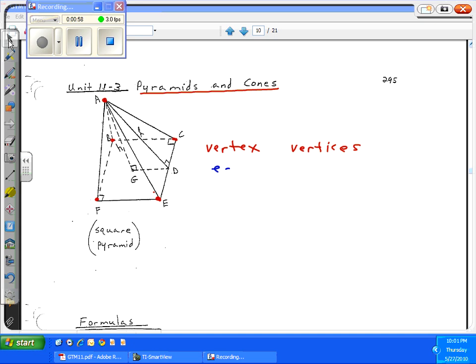A segment is called an edge. The edges at the base are called base edges. As you go up with the sides, the edges that make the sides are called lateral edges.